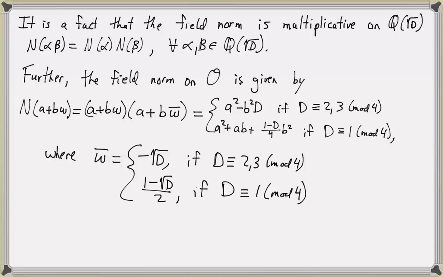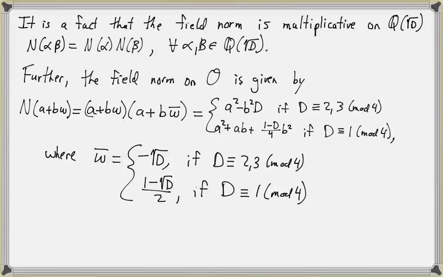So the formula for the field norm again depends on the integer d. But notice that when we're restricted to the quadratic integer rings, in either case the field norm is always an integer. We see that a squared minus b squared times d, those are all integers. And in the bottom, a squared is an integer plus ab, those are integers.